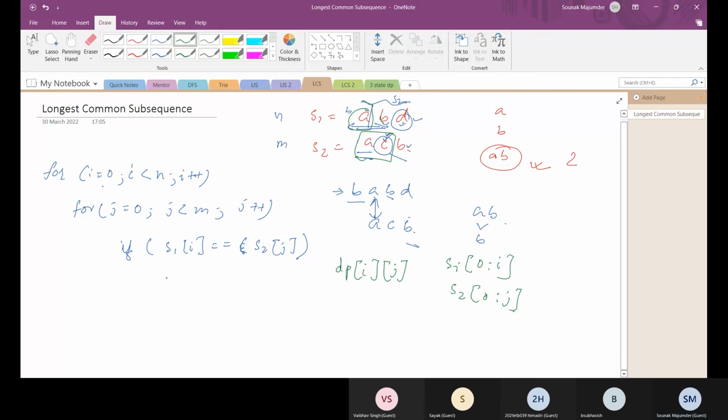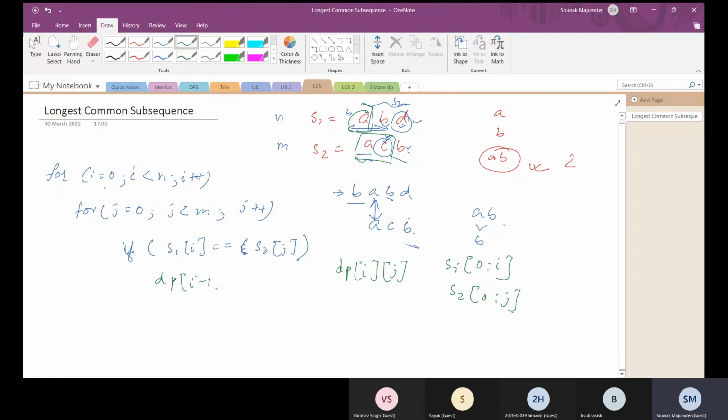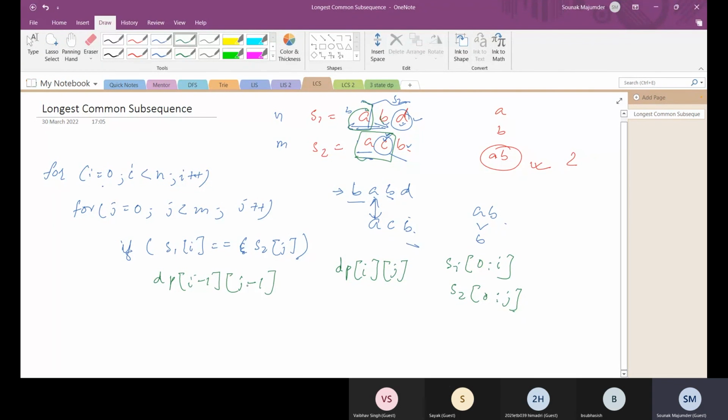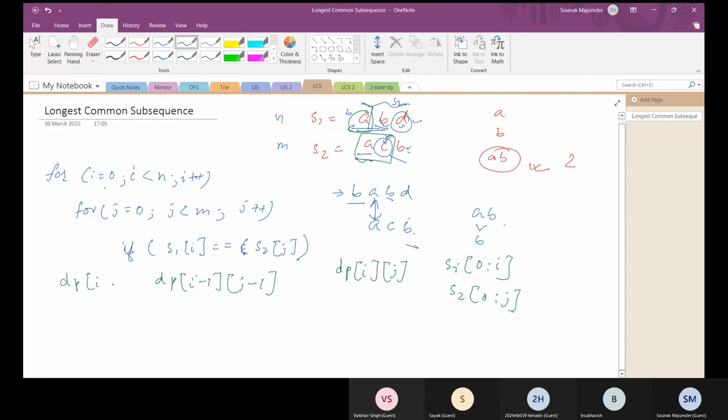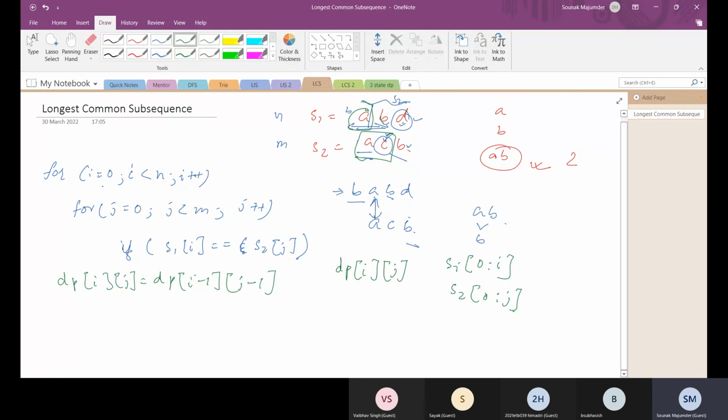That is dp of i minus 1, j minus 1. Keeping aside the ith element of s1 and jth element of s2, the LCS is dp of i minus 1, j minus 1, that is the maximum according to our construction. So dp of i j equals this one plus 1, because we are matching this, and hence the length of the LCS is increasing by 1.